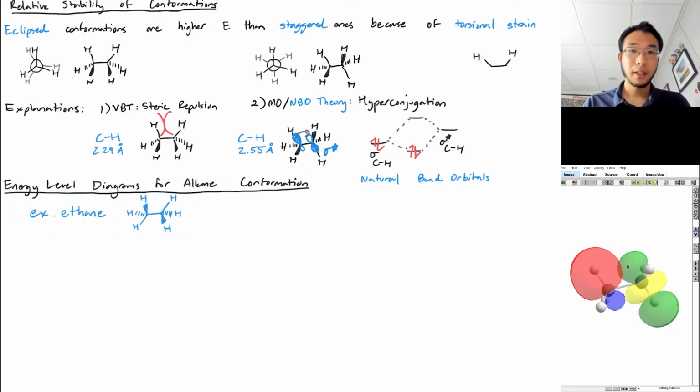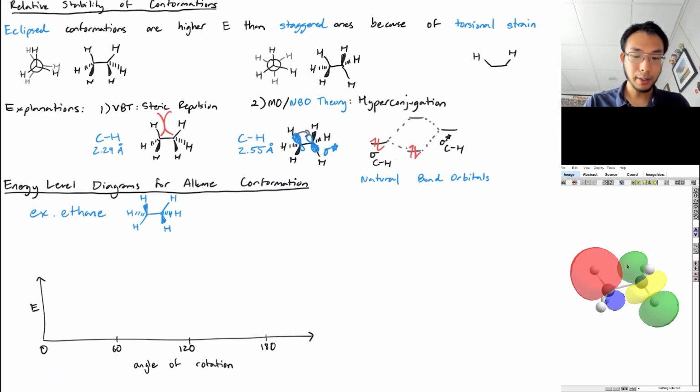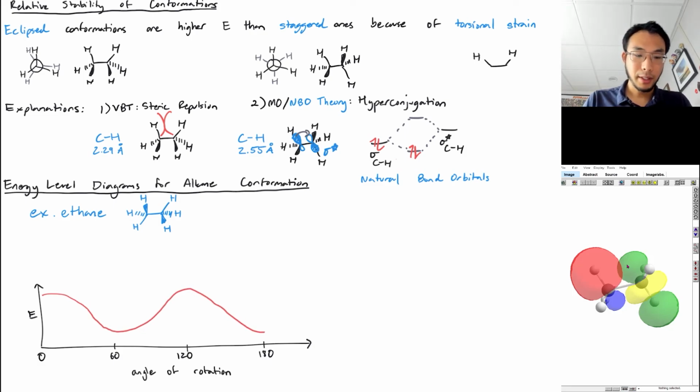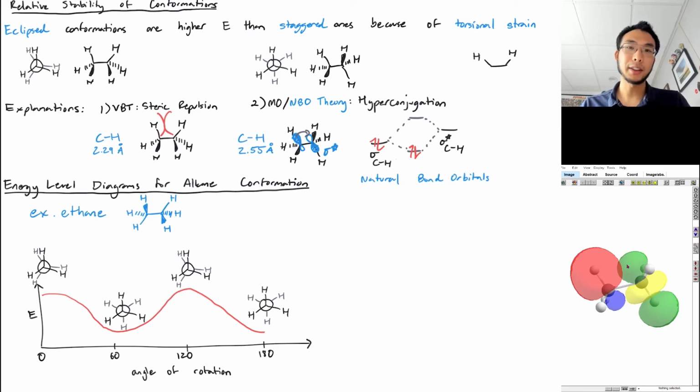So again, we'll look at ethane, and it turns out if you plot the energy of the molecule as a function of the rotational state of the carbon-carbon bond, you get an energy level diagram that looks something like this right here, where, as you might imagine, eclipsed is high in energy, staggered is lower in energy, eclipsed again is higher, staggered lower. This difference between staggered and eclipsed comes out to 3 kilocalories per mole. It's relatively small in the grand scheme of things, but still enough for us to observe a difference.